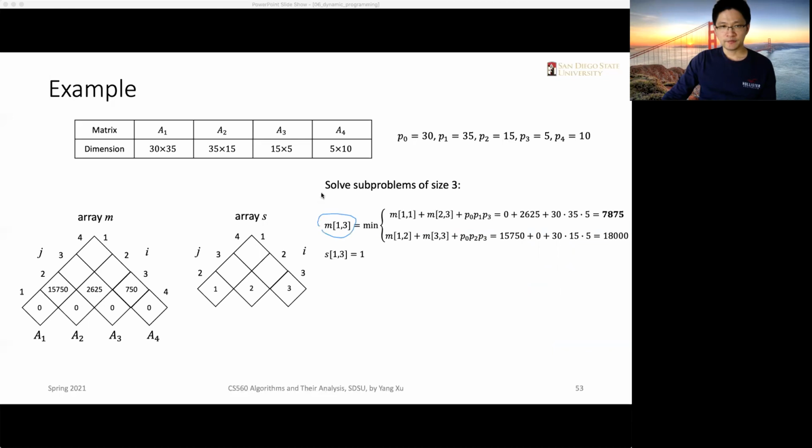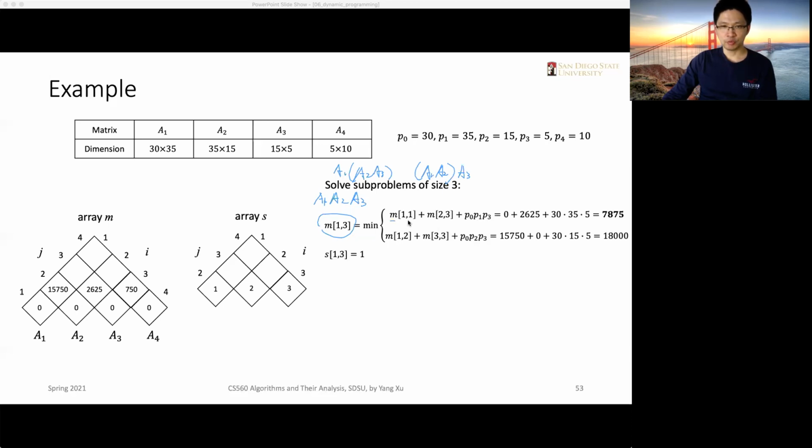For the problem A1 times A2 times A3, we need to consider 2 options: either A1 times (A2 times A3), or (A1 times A2) times A3, right? So they correspond to these two conditions.